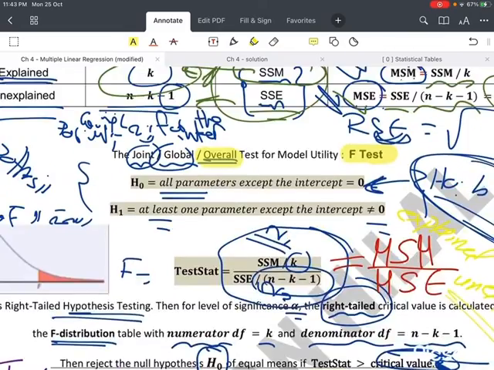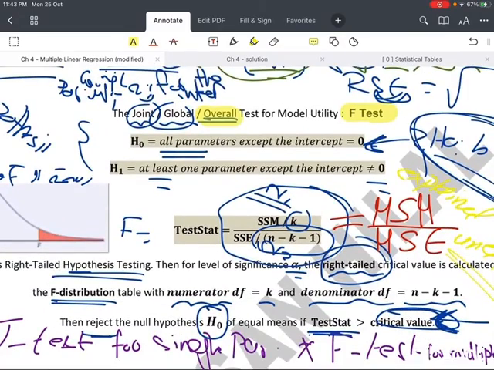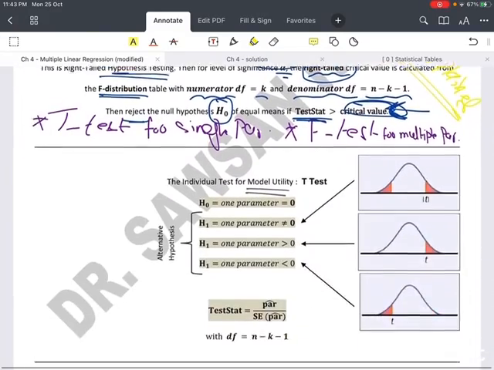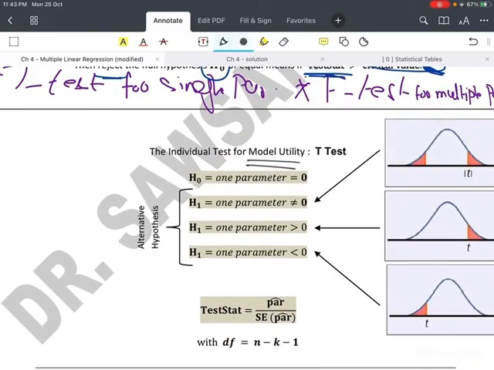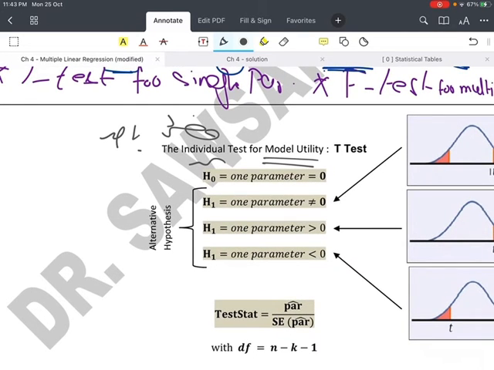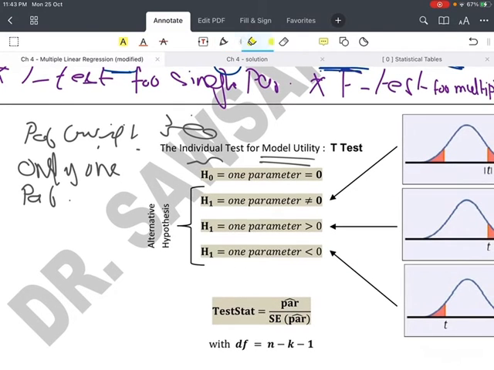Earlier we said joint and global, measuring overall. Now we take the individual. Individual means single, it takes only one parameter, so we call it T test.